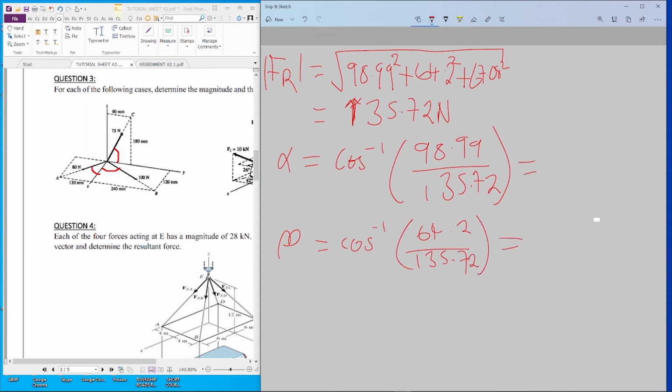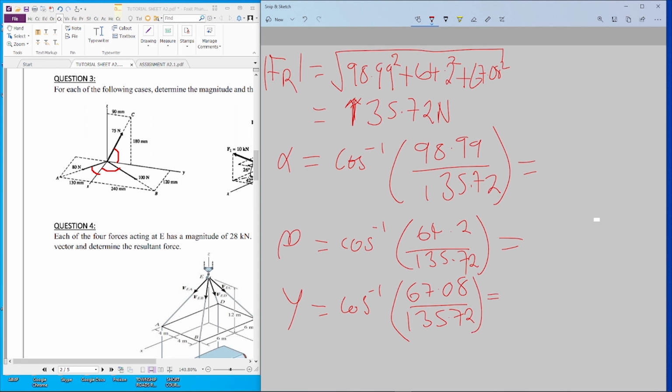And our gamma is also equal to cos inverse of 67.08 over 135.72.